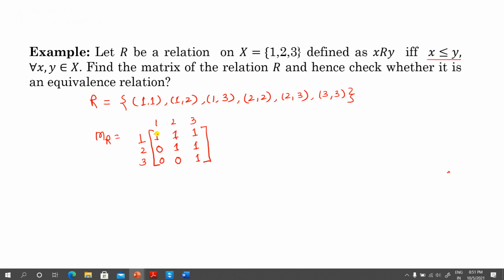Now if you check this matrix, all the diagonal elements are 1. This is a11, a22, a33. So all these elements are 1 for all i is 1, 2, 3. You can say aii equal to 1. Therefore R is reflexive.